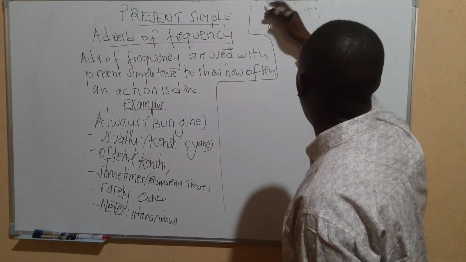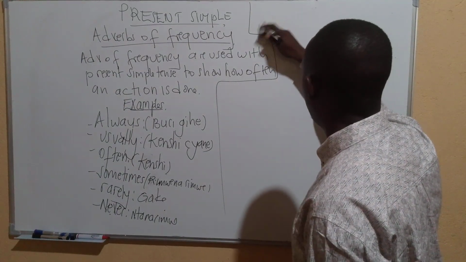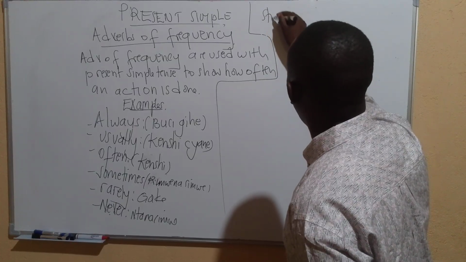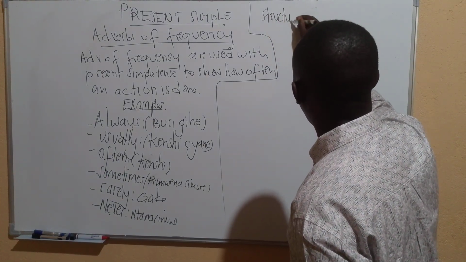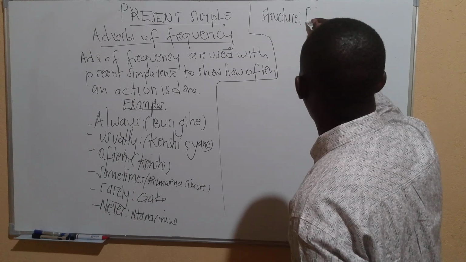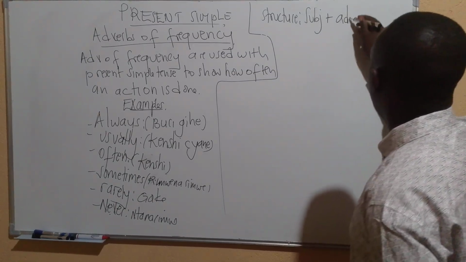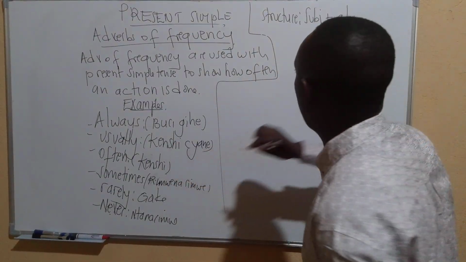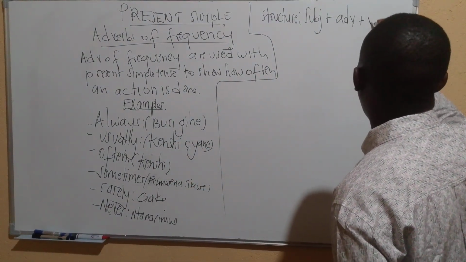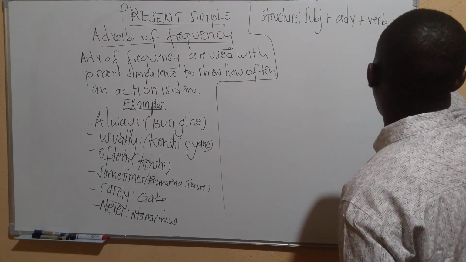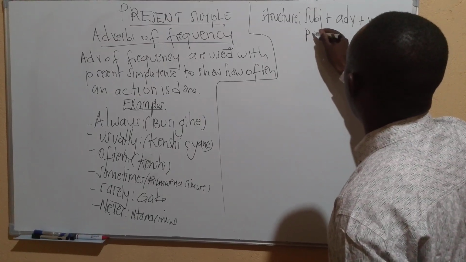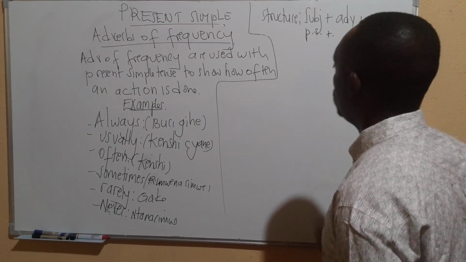But first of all, let us look at the structure. Iyo dukoresheje adverbs of frequency, dufata subject, we take subject plus adverb, adverbs zihita zikurikira subject, then tukabona gushyiraho verb in present simple tense, tugakomeza.